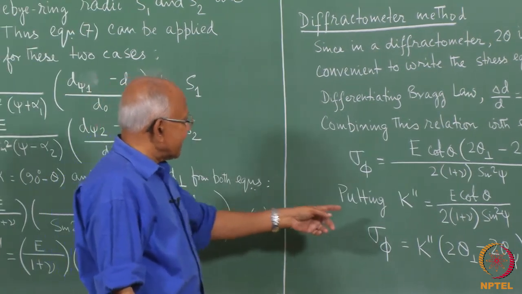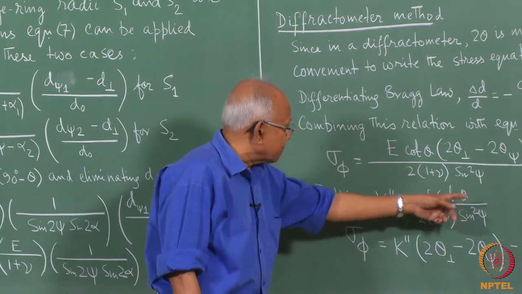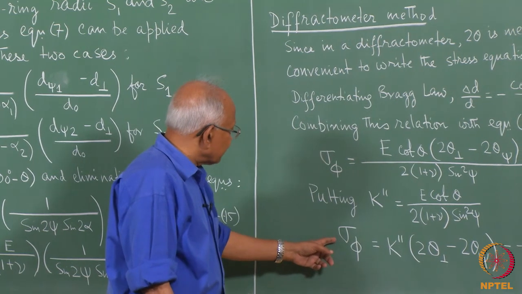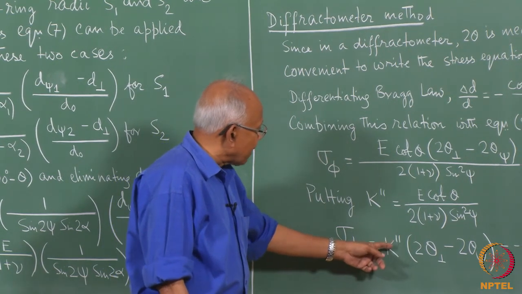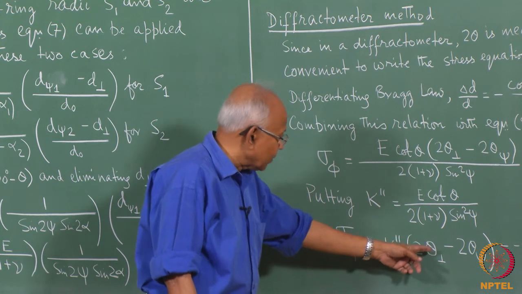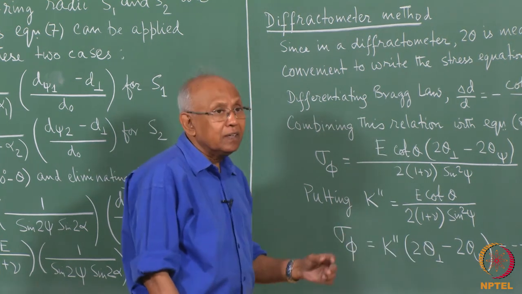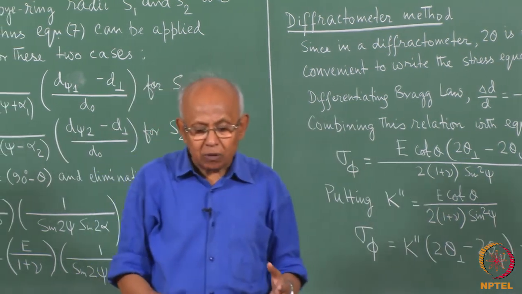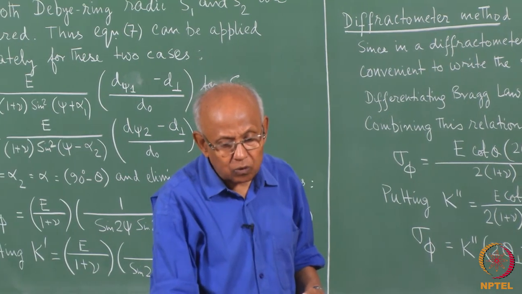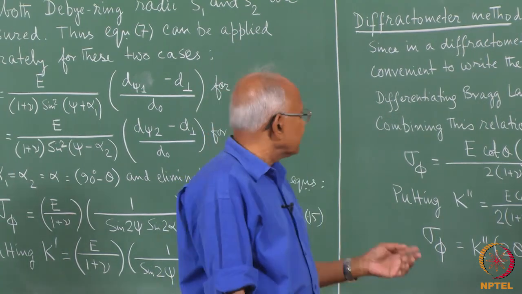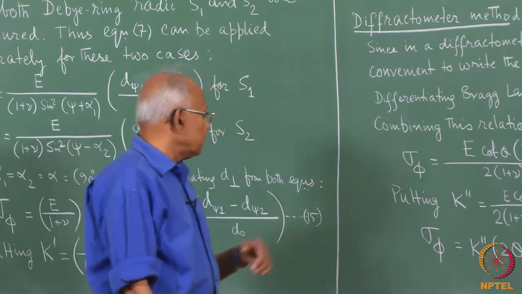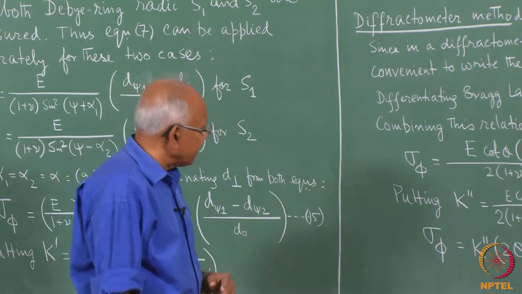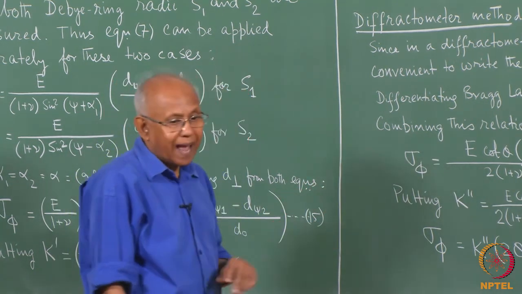Now, if we put k double prime equal to this value which can be calculated, we can write sigma phi is equal to k double prime (2 theta perpendicular minus 2 theta psi). So, in the diffractometer method, it is simply to figure out what is the shift in the value of the 2 theta angle.